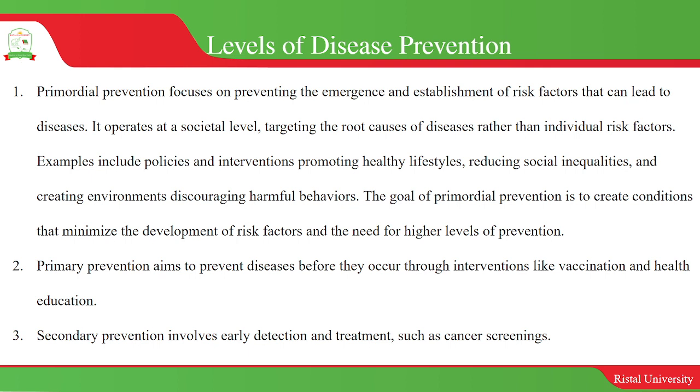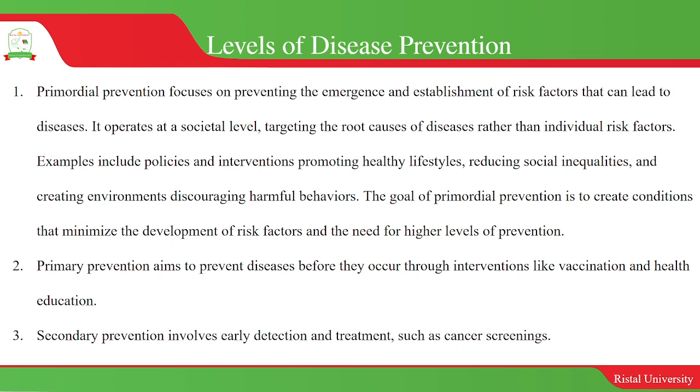Primordial prevention is basically related to the other pyramid, the health impact pyramid. If you remember that, the lowest level has the highest impact, or the greatest impact. So with primordial prevention, what we are basically doing is to make sure that there is no emergence of risk factors.